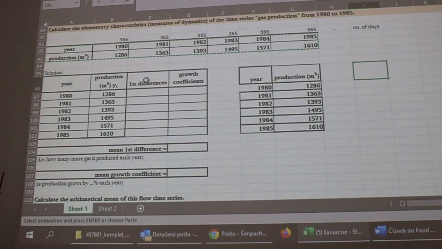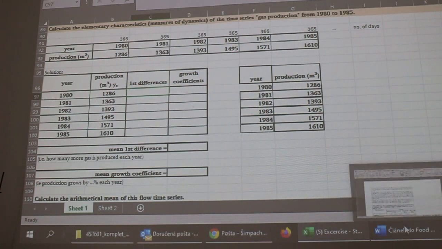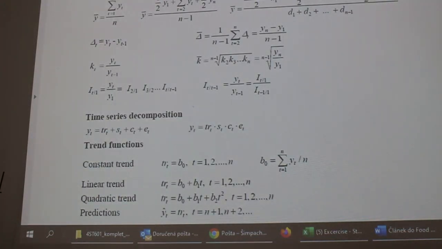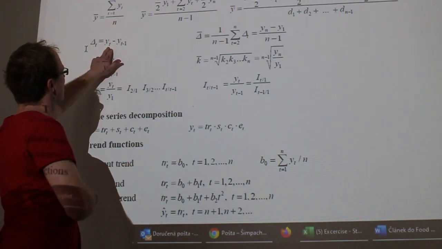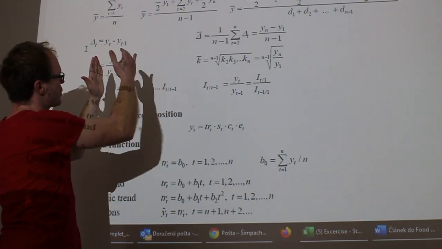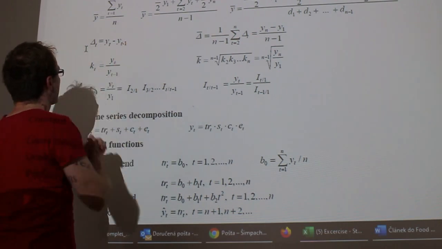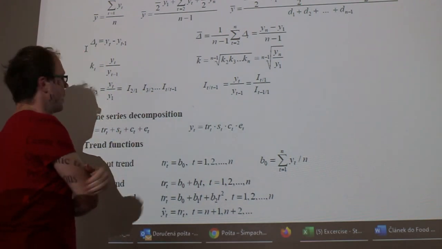Okay, so we will calculate the elementary characteristics of this time series. If you check the formulas, you can see that the descriptive time series analysis is here. We can start with the first differences, delta. Yes, delta in time t. It's a simple difference between the value in time t and value in time t minus 1, so previous value of observation. Yes, result can be called absolute differences or just differences, delta in time t.